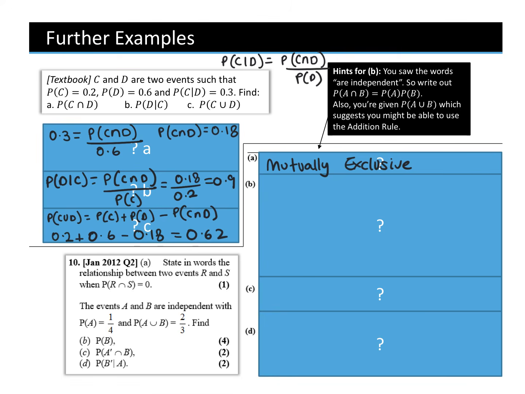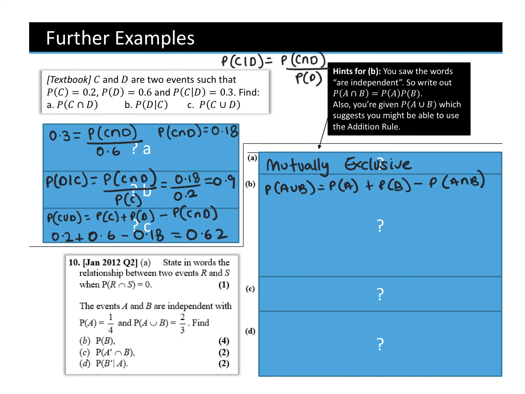So the addition rule is the probability of A union B equals the probability of A plus the probability of B minus the probability of A intersection B.